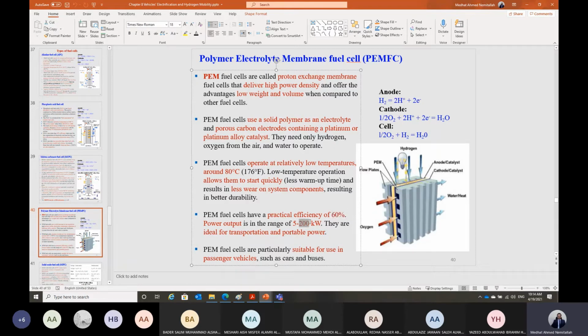And it can produce a power output of about 200 kilowatts. This kind of fuel cell, which we call proton exchange membrane or polymer electrolyte membrane, has high potential for application in transportation and portable power.